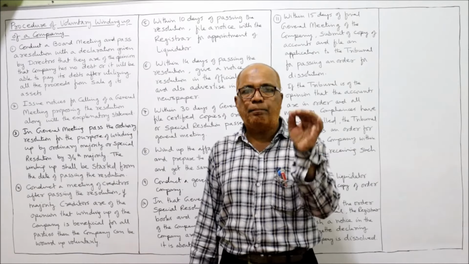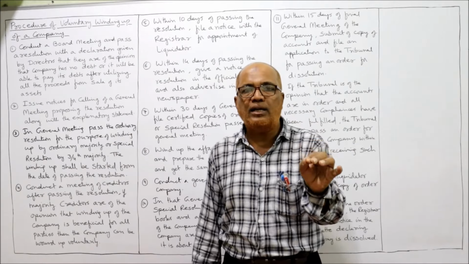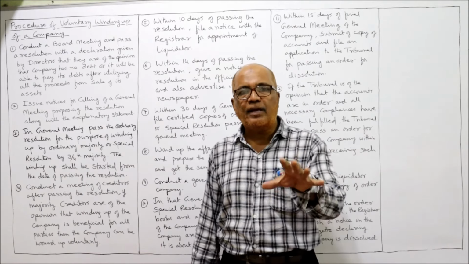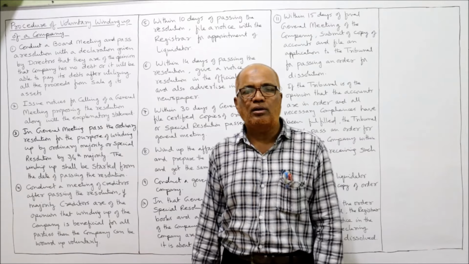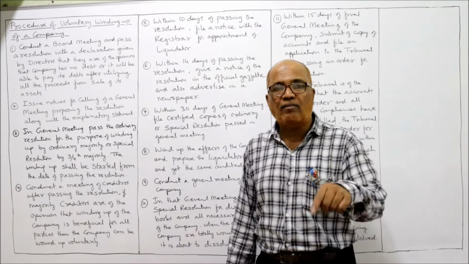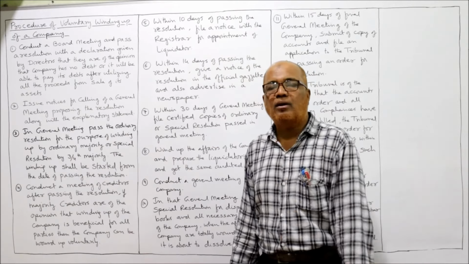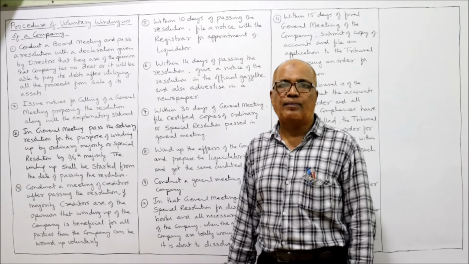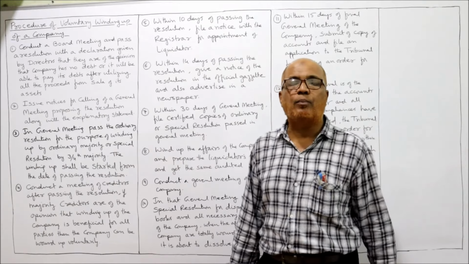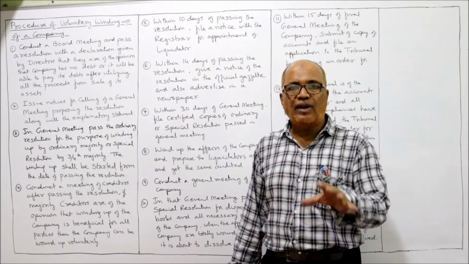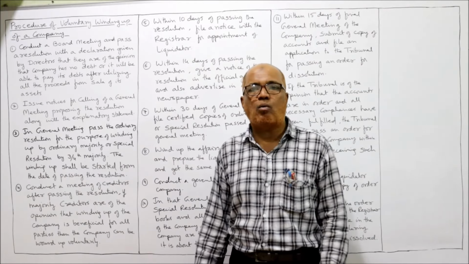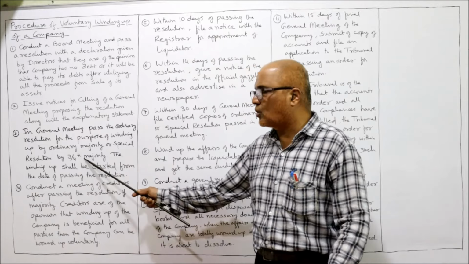If the winding up requires only an ordinary resolution, then the company has to make an ordinary resolution and get the resolution approved from the members. Otherwise, if the winding up requires a special resolution, then 3/4 of the members should approve the proposal of winding up. So we have to see in this general meeting whether a special resolution is required or an ordinary resolution is required.